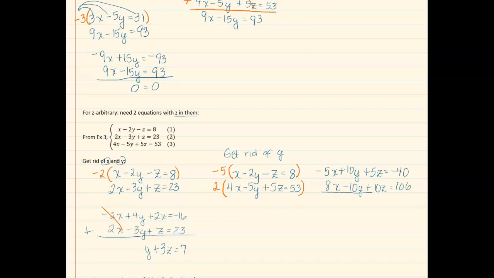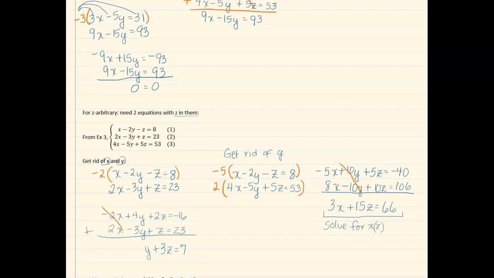And then we're going to add. To no surprise, our y's will zero out. And when we add, we're going to get 3x plus 15z is equal to 66. Now we have an equation that only has x and z involved, so we're going to solve for x. And this will give me a function of x in terms of z.